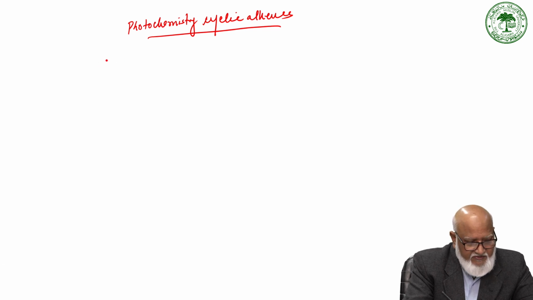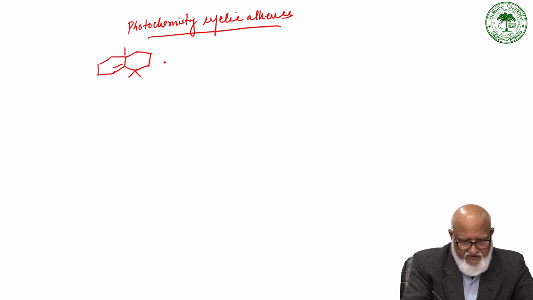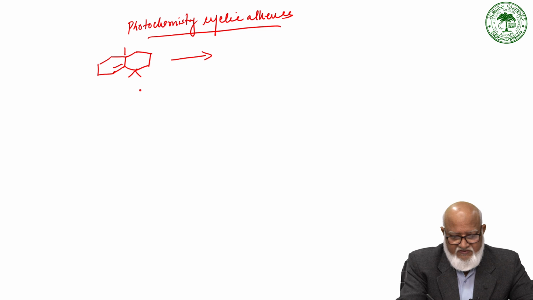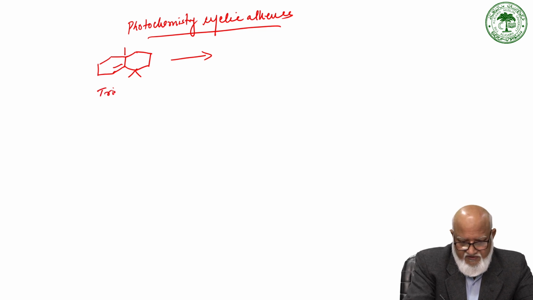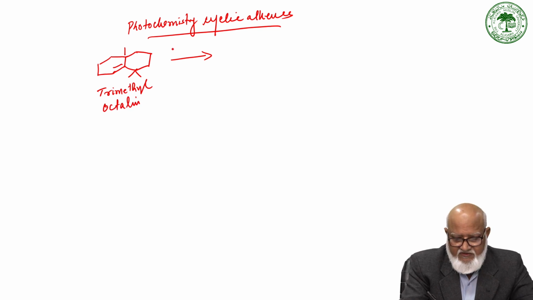This is trimethyl octylene. And we have a system like this. You have a single bond here, a double bond, and trimethyl. So this is trimethyl octylene, and in the presence of light, a proton source is required for this.